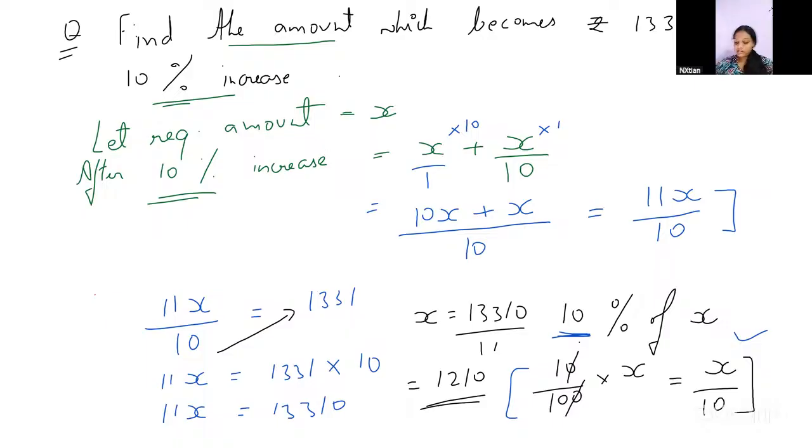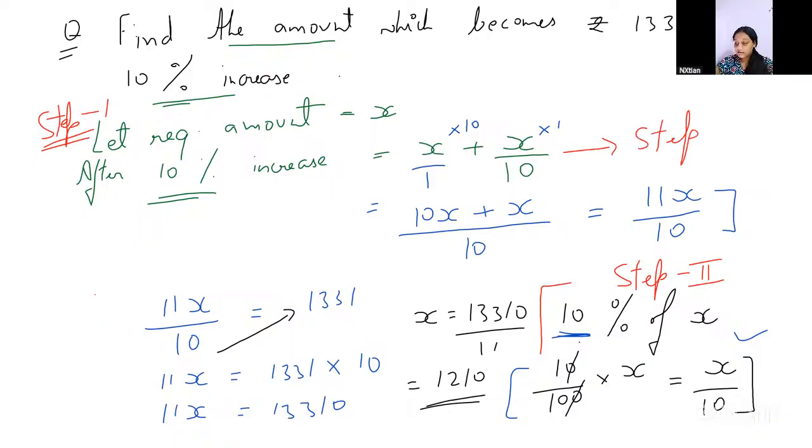So this is step 1. Then this is step 2. This is the third step, after the 10% increase. We find out the 10% increase of x.